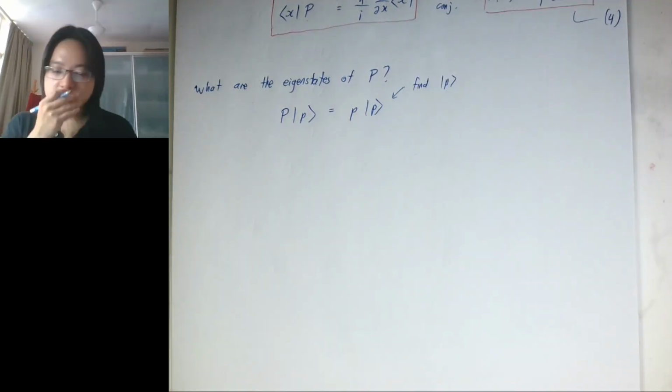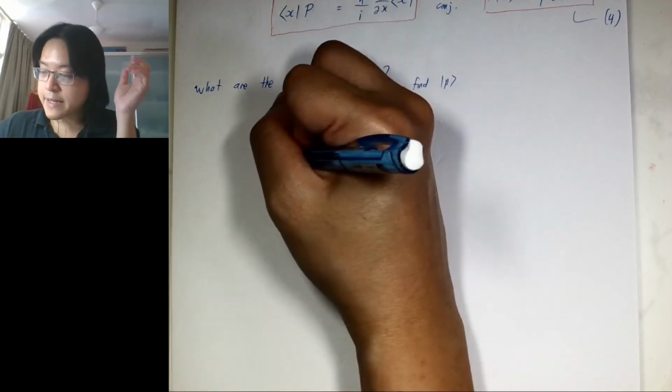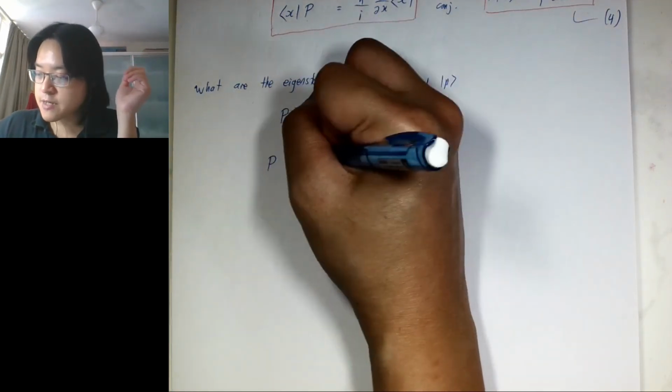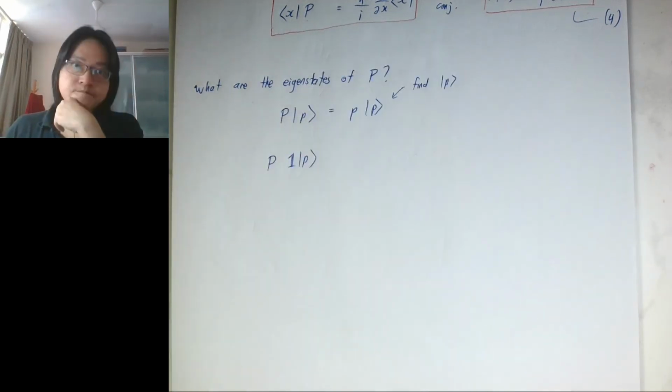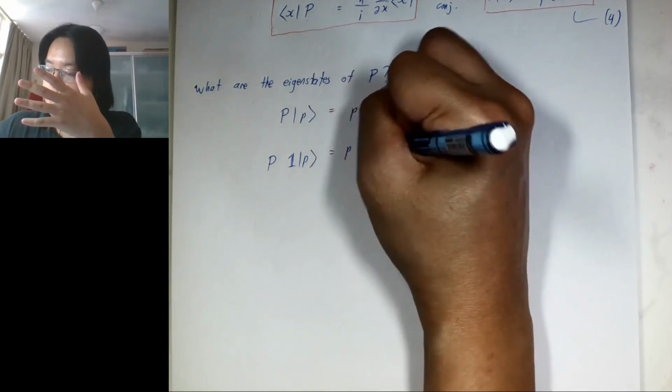So how do we do this? We're going to use a couple of magic tricks that we have already learned. The way to do this is I will use the trick that I did just now, which is that for no reason, I will just put the identity operator here, and the same identity operator here as well.